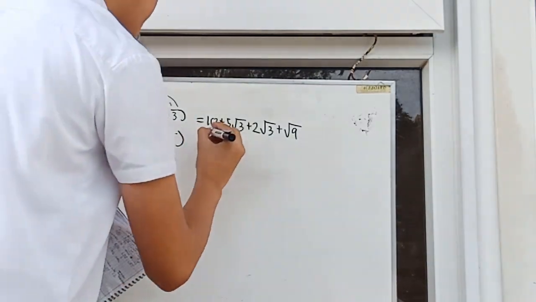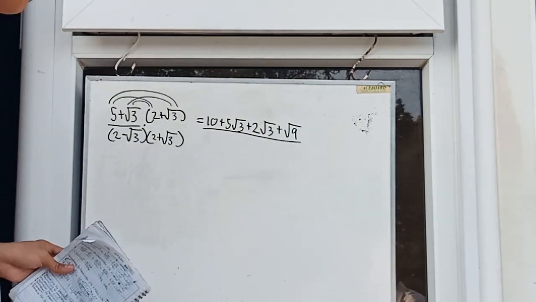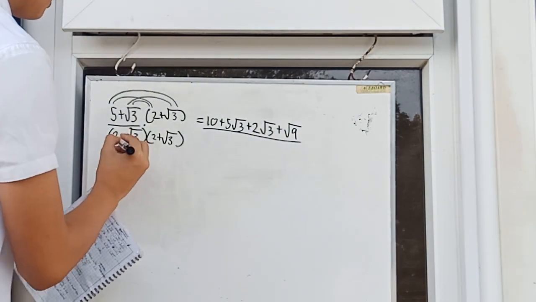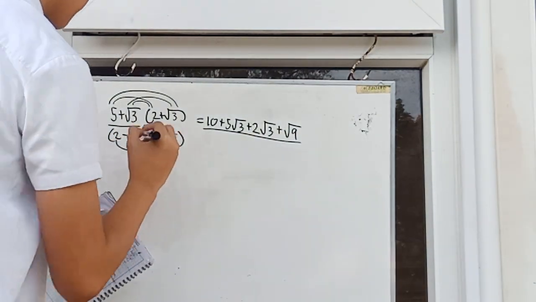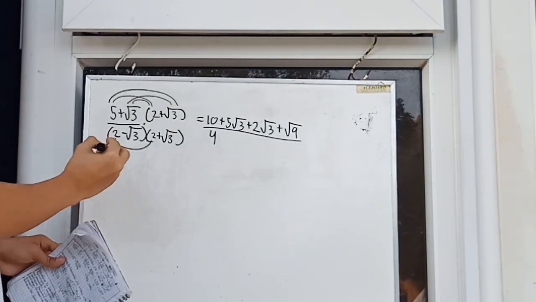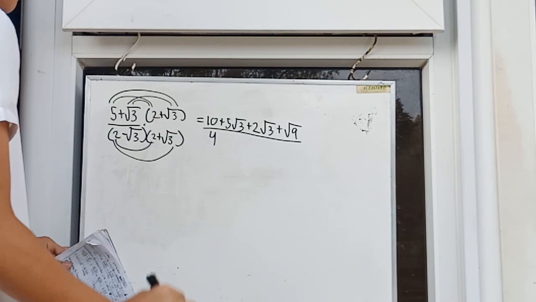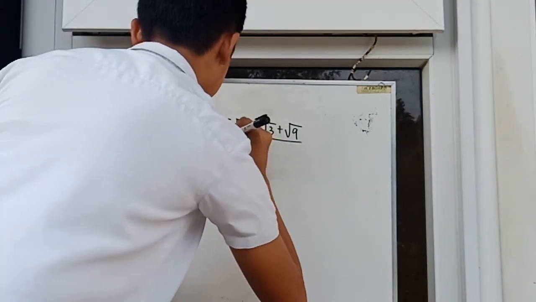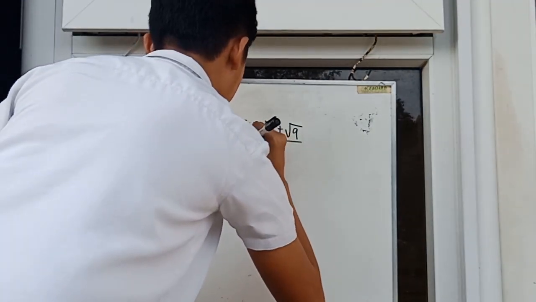Now we move on to the denominator. The 2 times 2 is 4. 2 times the square root of 3 is positive 2 square root of 3.